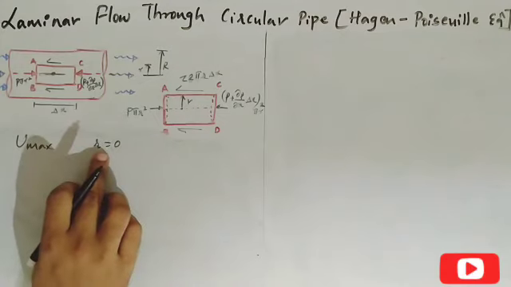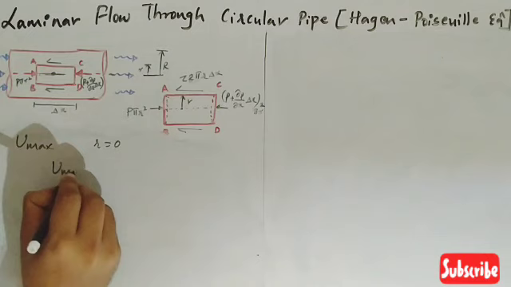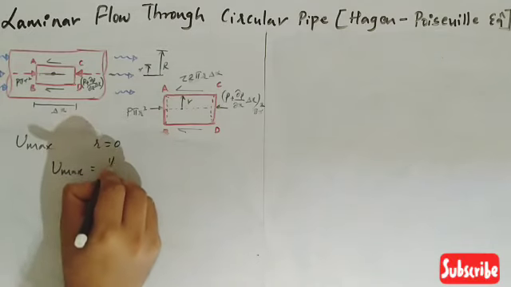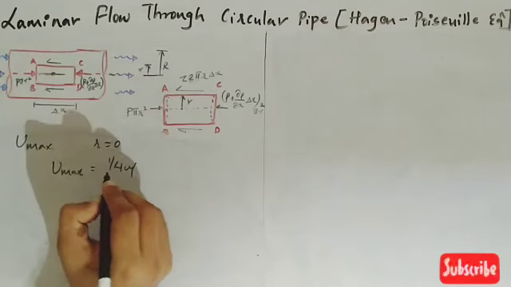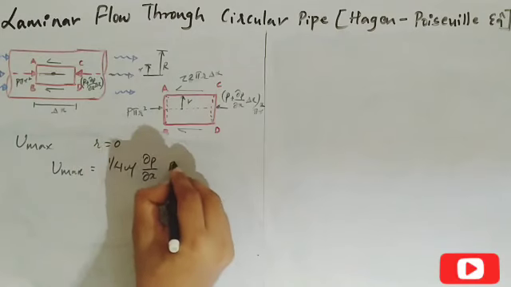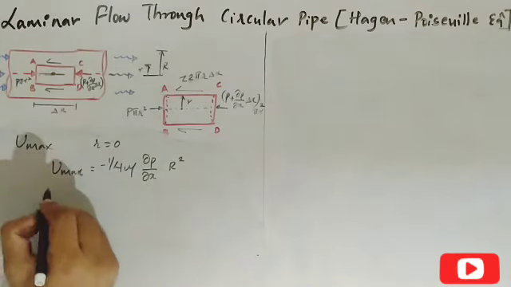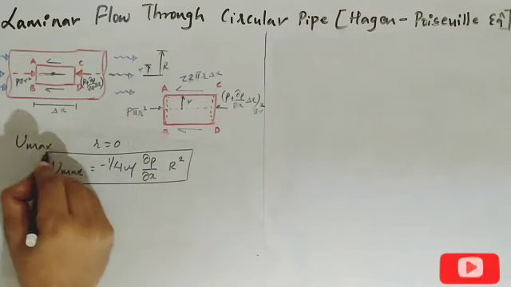Let us substitute this r value in our velocity equation: u max equals minus 1 by 4 mu, dou p by dou x, r square. So this is our equation for maximum velocity.